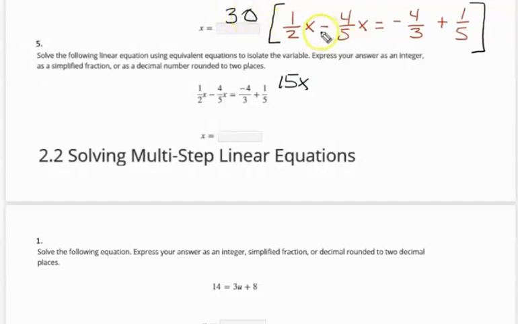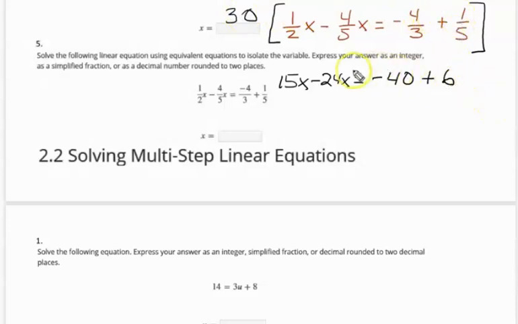5 goes into 30 6 times. So 6 times a negative 4, a negative 24x. 3 goes into 30 10 times. So 10 times a negative 4 gives me a negative 40. 5 goes into 30 6 times. 6 times 1 gives me a 6.